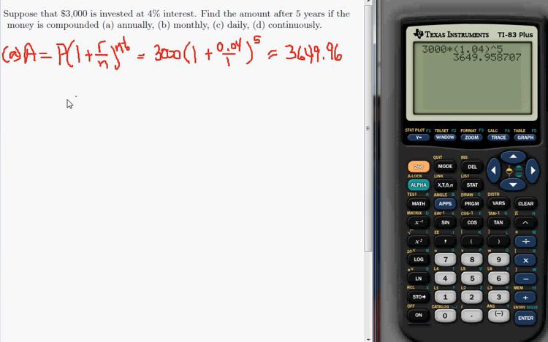The second problem, same idea. The amount would be equal to, well, this time it would be 3,000 times (1 plus 0.04 divided by 12) raised to the 5 times 12, or the 60th power. So let's see what happens this time.